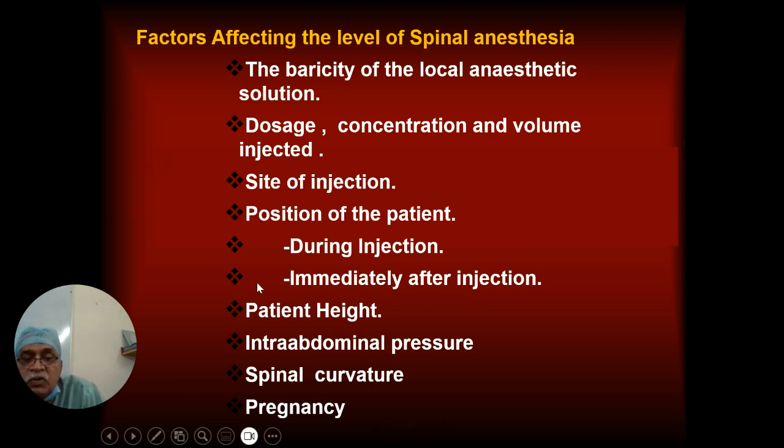If the patient is too tall or too short, there is a possibility that the usual dosage may be an underdosage or overdosage. You should check for spinal curvature; if it is abnormal, there is a possibility of either a high blockade or a low blockade.